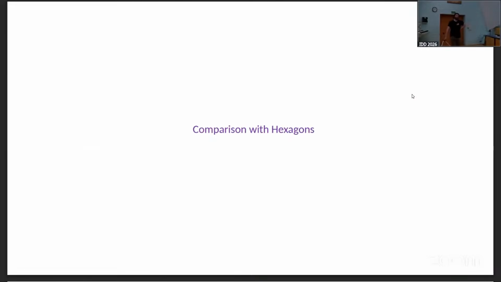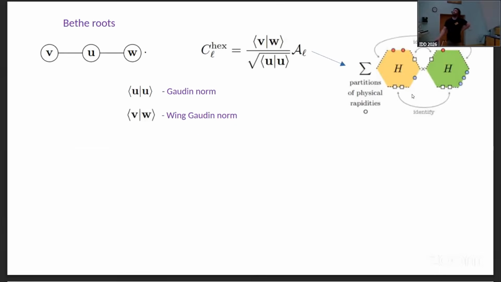In the last 2 minutes, let me say something about the comparison to the hexagon framework, which is of course a much more well-established framework for computing structure constants. In the hexagon framework, the Bethe roots are the key objects. So we have V, U, and W. If you wanted to compute the structure constant using hexagons, you would need to compute three objects.